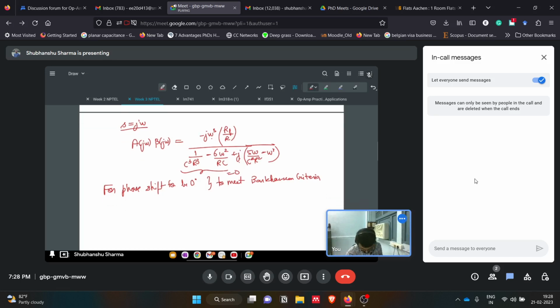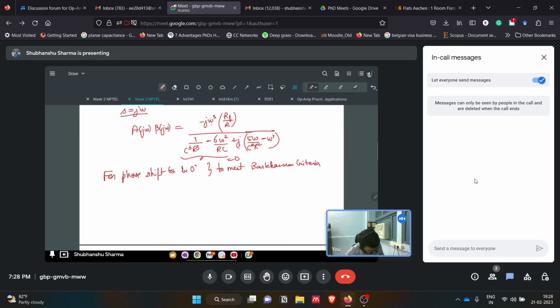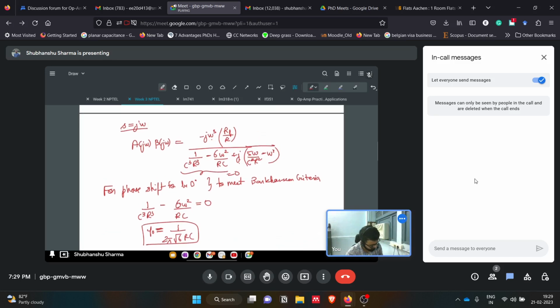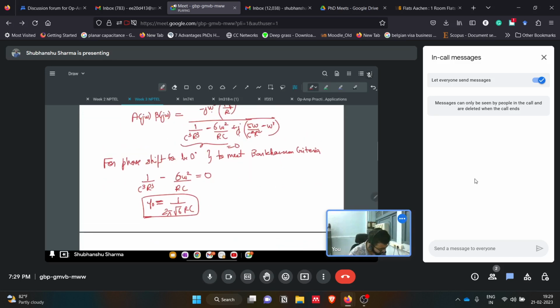So by using that, we get 1 by C cube R cube minus 6 omega square upon RC equals 0. From that we finally get f naught equals 1 by 2 pi root 6 RC. Now things become familiar, as this is the frequency of the three RC phase shifting circuits that we actually saw.